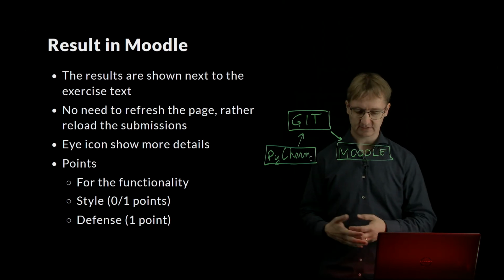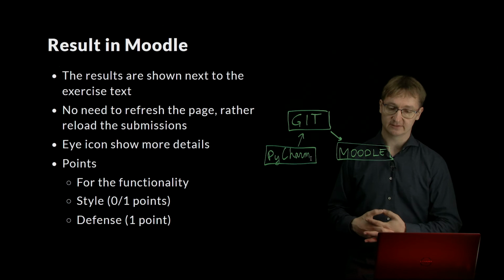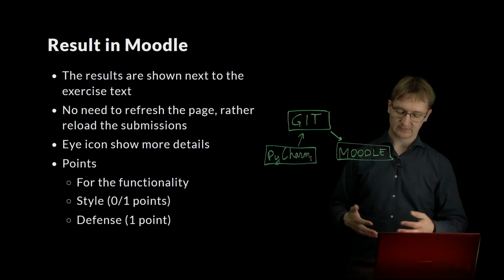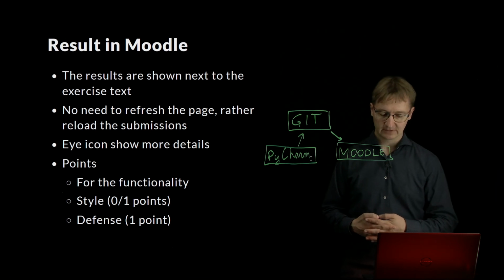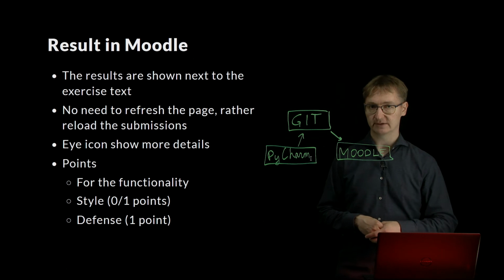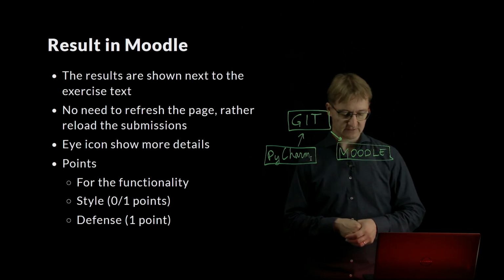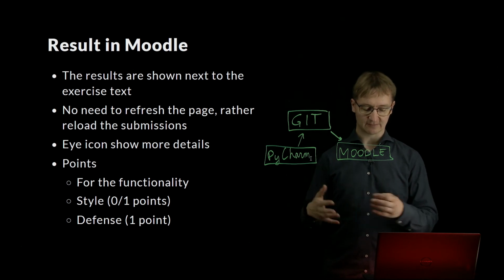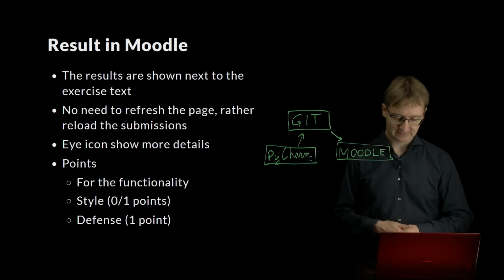To get 1 point, I have to fix all the errors. And then there's this defense or code review, which gives you also 1 point. Usually all those 3 components are multiplied together. So if one of those is 0, basically the result is 0. So your goal is to get everything above 0.